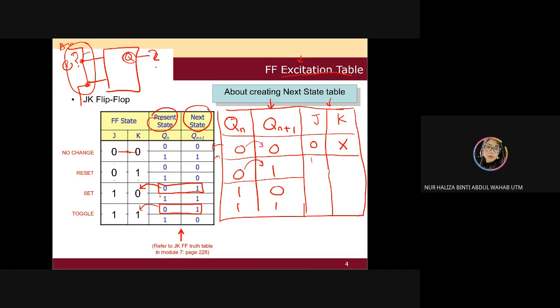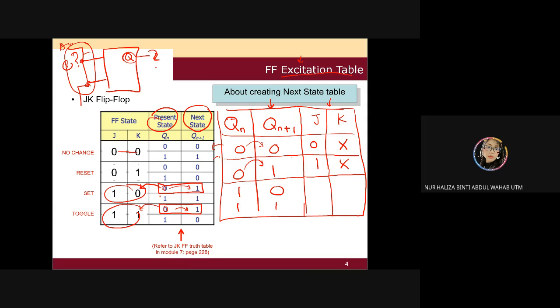Our J is 1 and K is 0. Our J is 1 and K is 1. These conditions can make the present state 0 go to the next state 1. So we assume J is always 1 and our K here is X. This is what our condition will be.